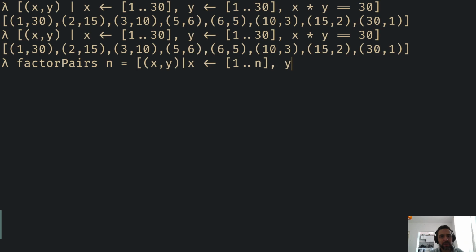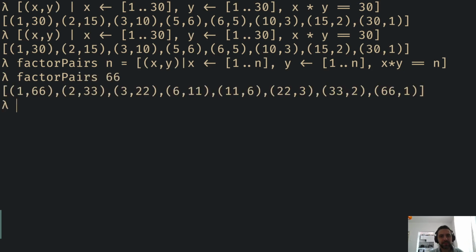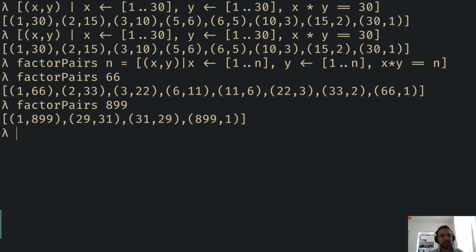And into the y we put 1 to n, and x times y is n. That will be our function. Factor pairs 66. Right, factor pairs 899. This is cool.